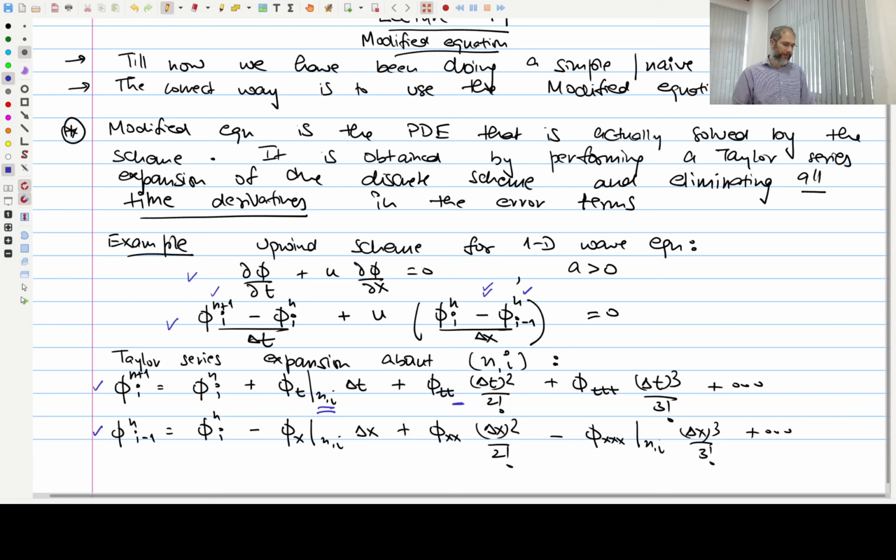Once we have written the Taylor series expansion of all the terms about n comma i, we substitute them into the main equation.